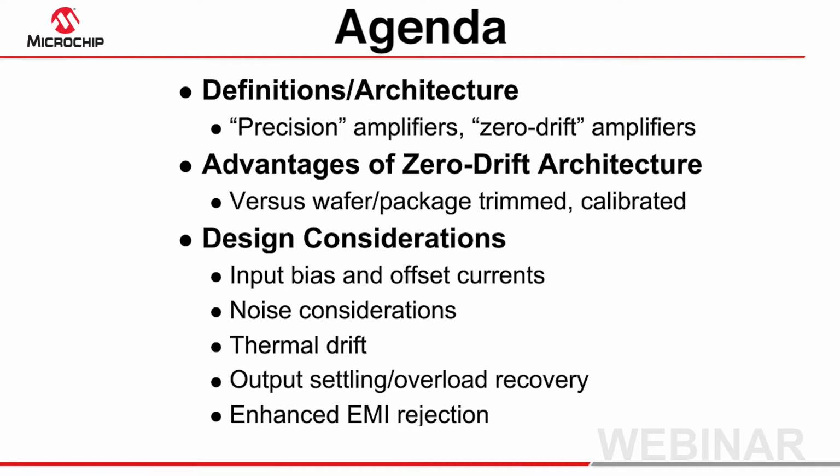We will then briefly explore the two main architectures associated with zero drift amplifiers, namely auto zero and chopper stabilized. This discussion will then lead to the advantages of these architectures relative to other amplifier types. The main focus of this webinar will be on the various design considerations, some of which are somewhat unique to the zero drift architecture and therefore require special consideration.